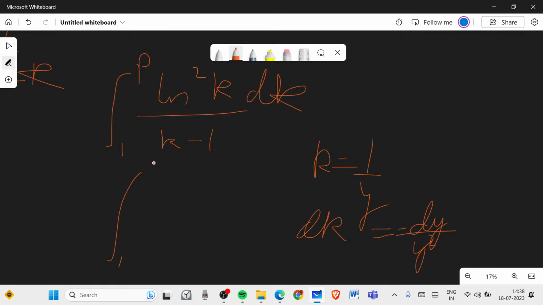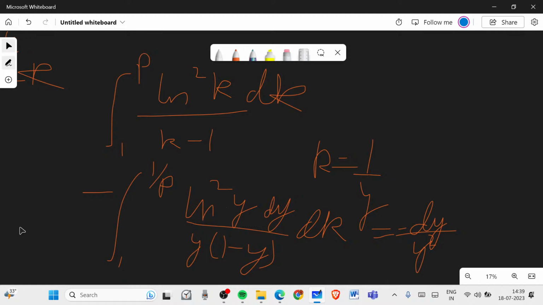Integral 1 to 1 by p ln square y, negative outside, dy by y square, 1 minus 1 by y, 1 minus y, this thing.